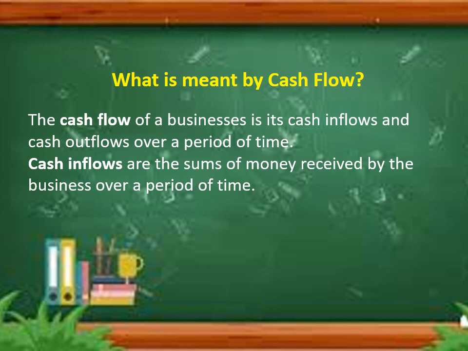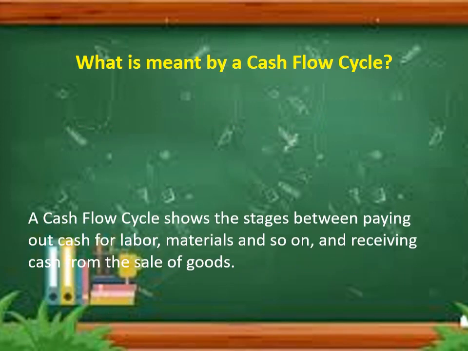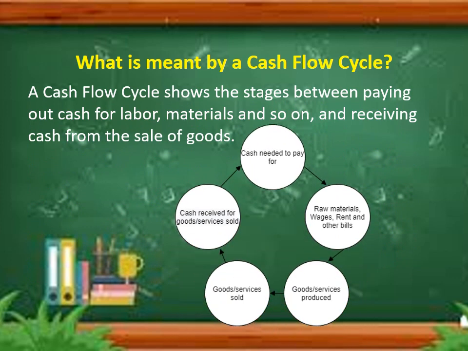This could be the revenue generated through the sales or the money received from the debtors, whereas the cash outflow is the money that business has to pay for, either sourcing the raw material or paying off the creditors. So what is meant by a cash flow cycle?